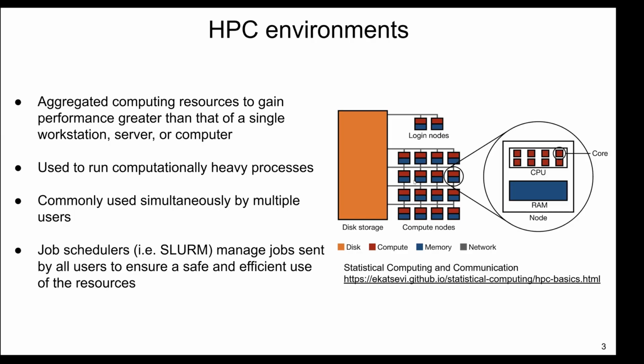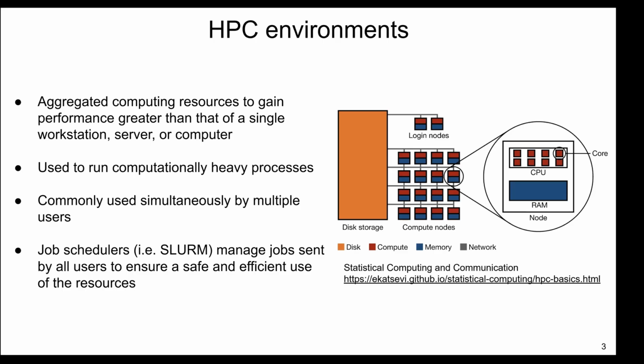Each HPC has a job scheduler, for example Slurm, that manages all the jobs sent by the users. The idea of a job scheduler is that it receives all the jobs and then chooses when and where to dispatch them, to start them, and for the jobs to be processed.